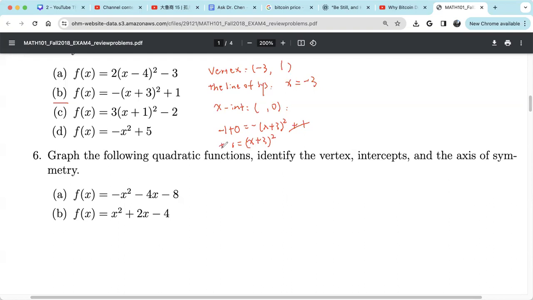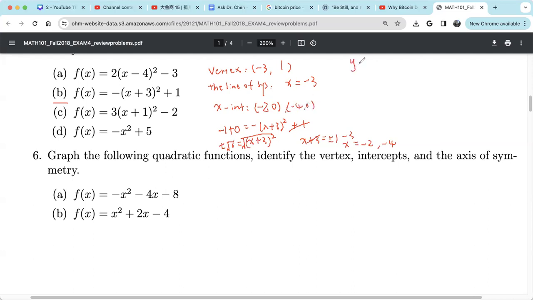Now we square root both sides, so we get x plus 3 equals plus or minus 1. So x equals negative 3 plus or minus 1. We move 3 to the other side, it becomes minus 3. 1 minus 3 is negative 2. Negative 1 minus 3 is negative 4. So we get two values: (-2, 0) and (-4, 0).